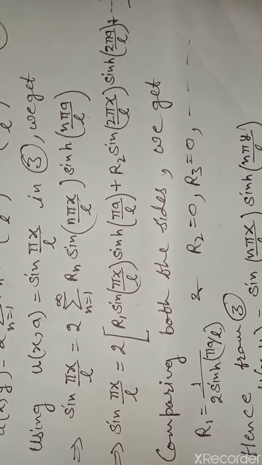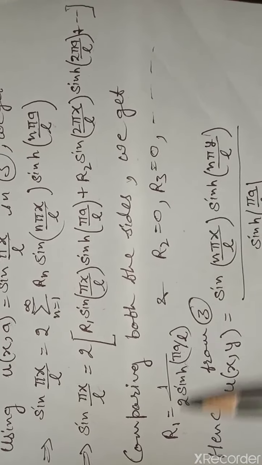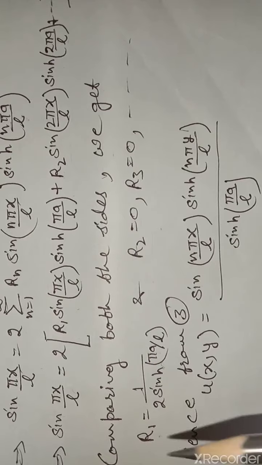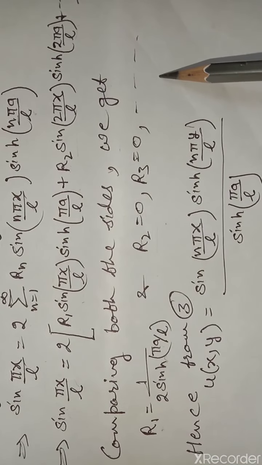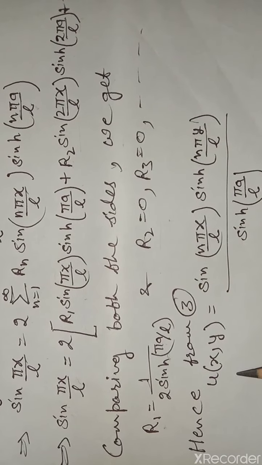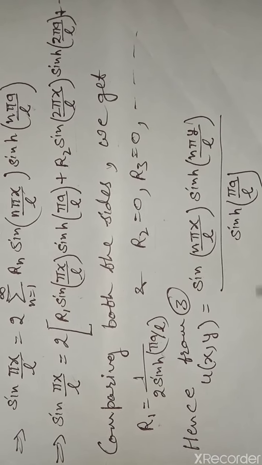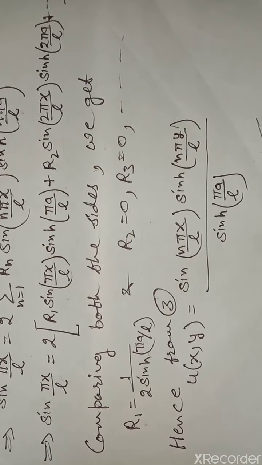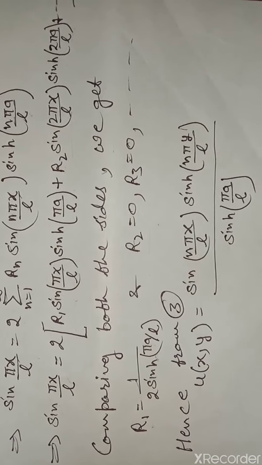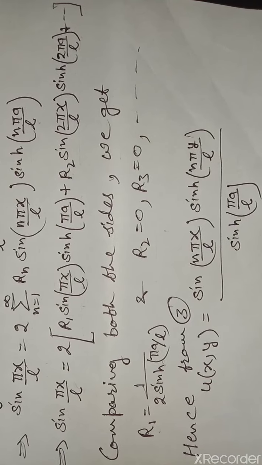Similarly r3, r4, all ri's are 0 except r1. So substituting this value of r1 and these values of ri's, finally the general solution reduces to this, and this is the required solution for the given Laplace equation.